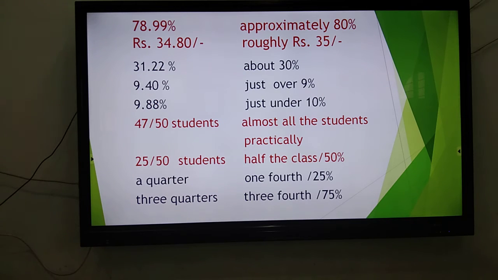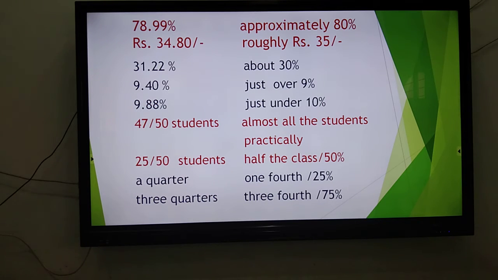Now 9.40%, it is just over 9%, just a little more than 9%. Now if the same number was 9.6, as soon as we cross 0.5, we need to round off to the next digit.